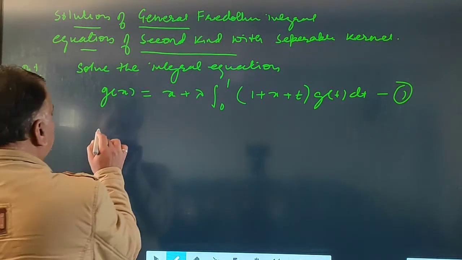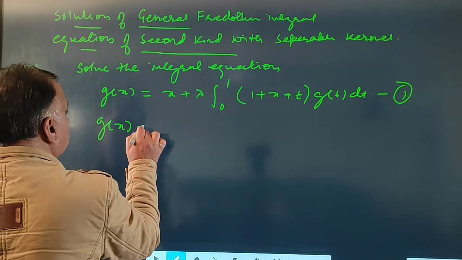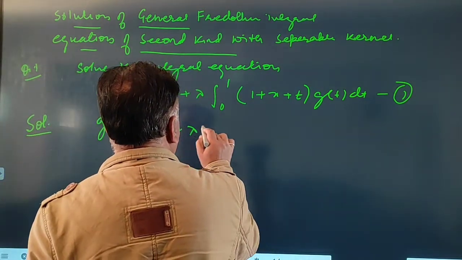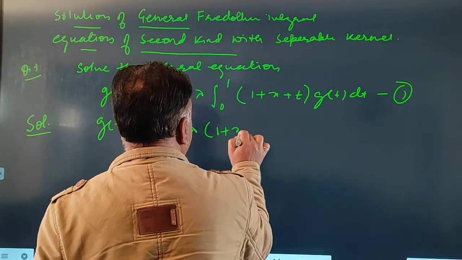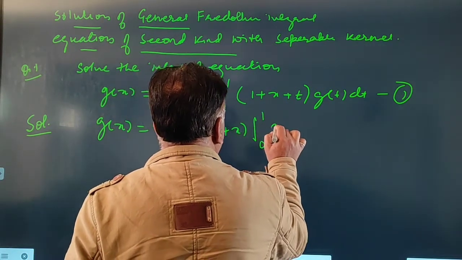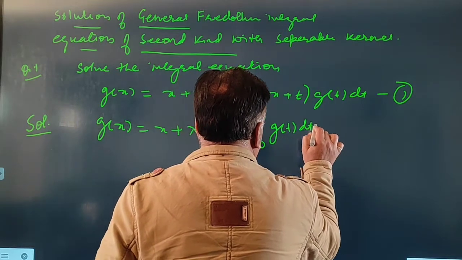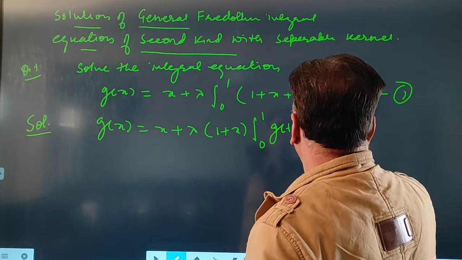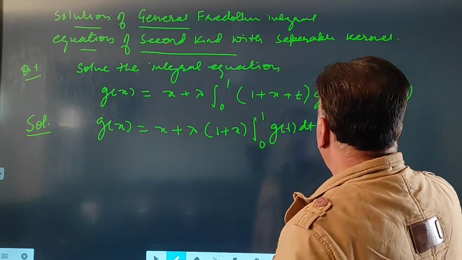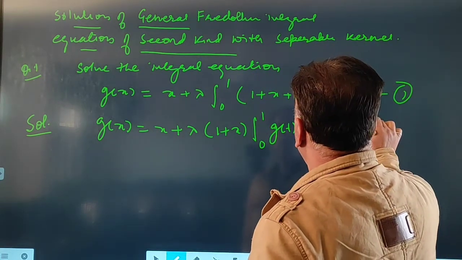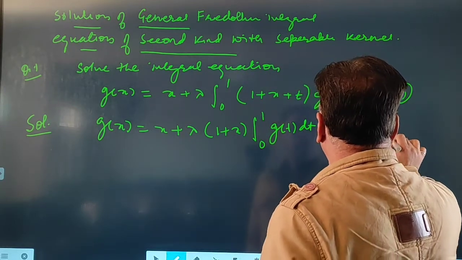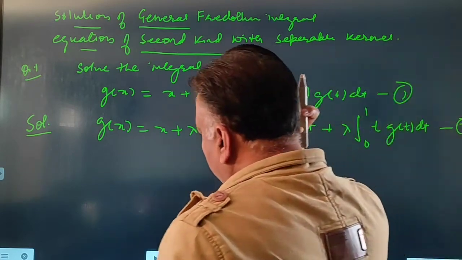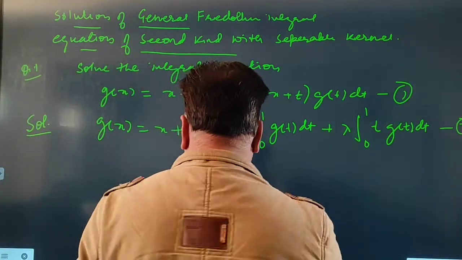We start with the given problem, g(x) = x + lambda integral from 0 to 1 of (1 + x + t) g(t) dt. We can write it as x + lambda (1 + x) integral from 0 to 1 of g(t) dt + lambda integral from 0 to 1 of t g(t) dt, equation number 2.